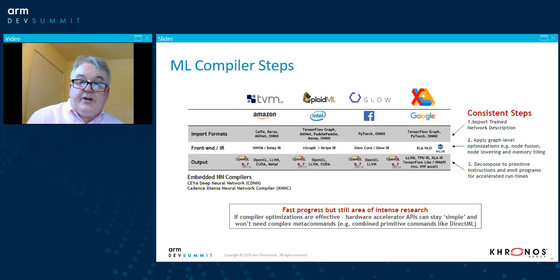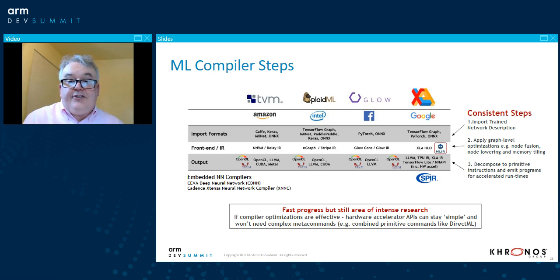Firstly, import a trained network, then apply graph-level optimizations to the network, and then decompose the network into executable instructions. All of these machine learning compilers can emit OpenCL code to portably access parallel hardware acceleration, illustrating again how OpenCL is the most pervasive close-to-metal execution layer for machine learning libraries, engines, and compilers.